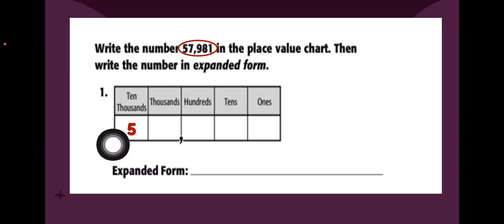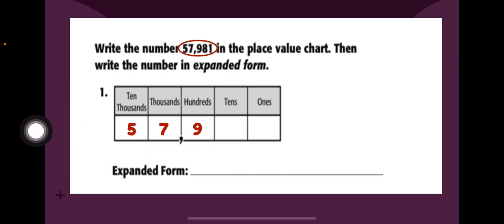We'll put it in the 10,000 house, okay? It will be 5. And then the next number, 7. We'll put it here in thousands. And the next one, 9, in the hundreds house. Then 8 in tens and 1 in ones.